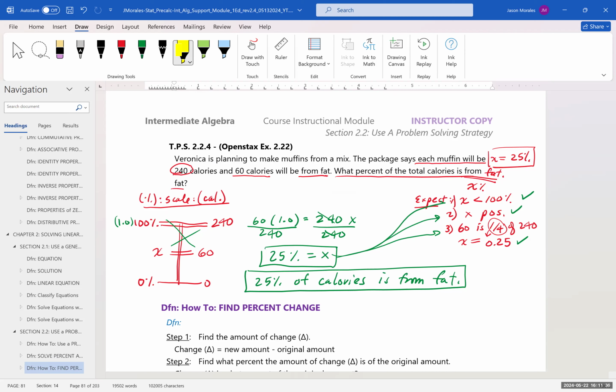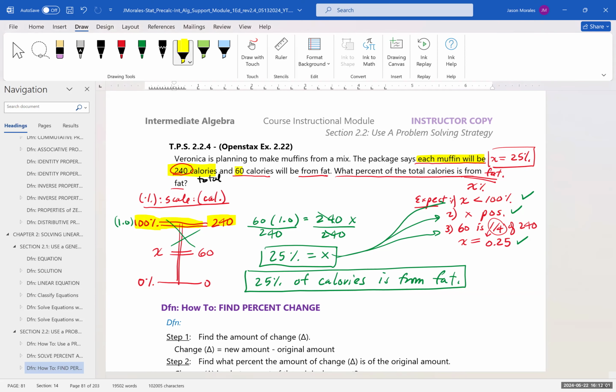Here it says the package says that each muffin will be 240 calories. The unspoken word is 240 calories total. And so 240 calories on one side of the scale is going to be related to 100% on the other side.